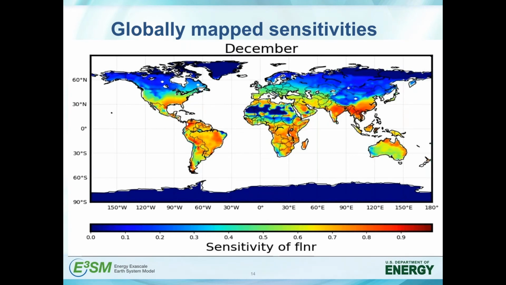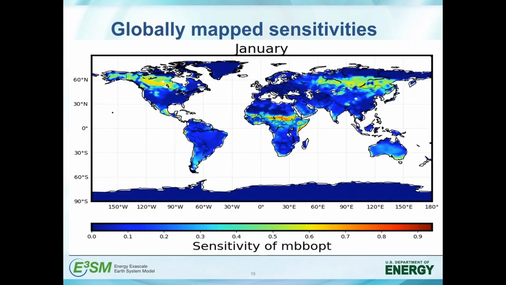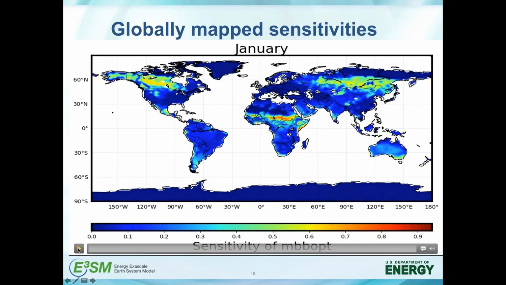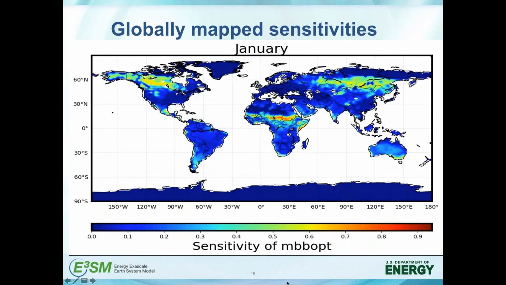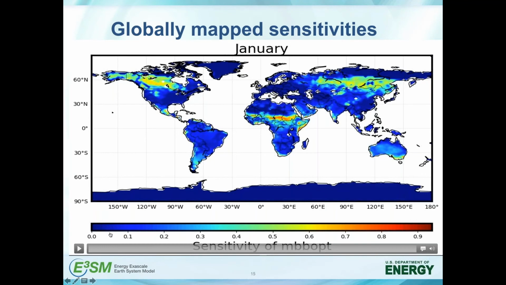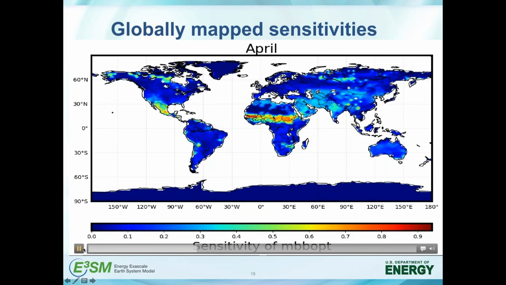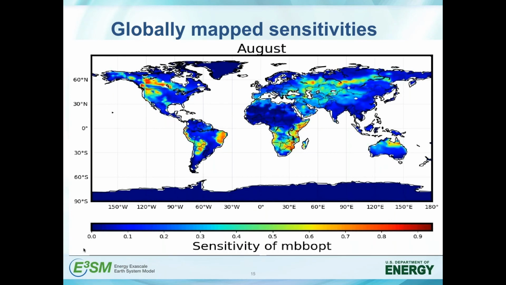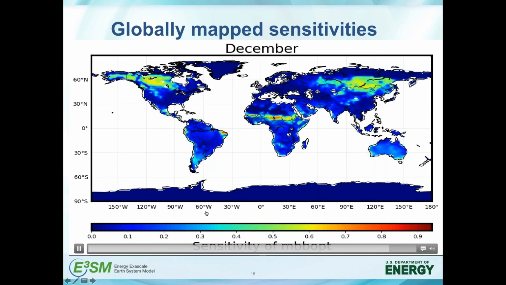So I think the next one is a little bit more interesting, where we look at the stomatal conductance slope parameter. So this is MBB opt. So you can see in January, we see some sensitivities in Canada and Siberia, and then in Africa and the Sahel region as well. And so as that advances over time, you can see sensitivities increase and then decrease in the Sahel region following wet and dry seasons there.